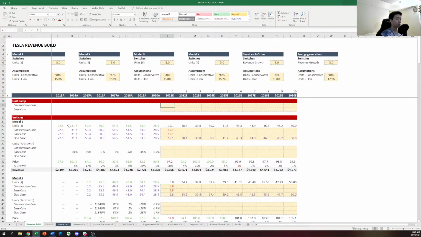Okay, so what we're gonna do here is take a smaller percentage cut for our base case for the first few years, and then a larger cut for the later years.